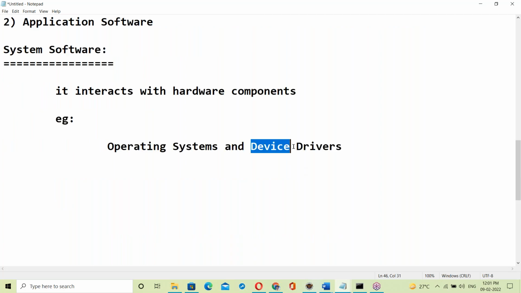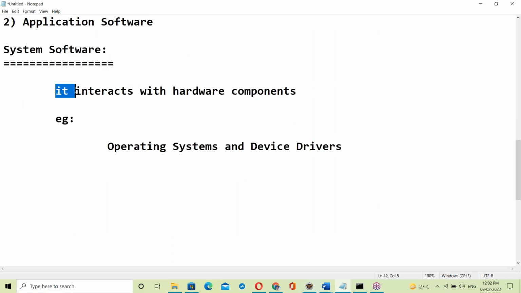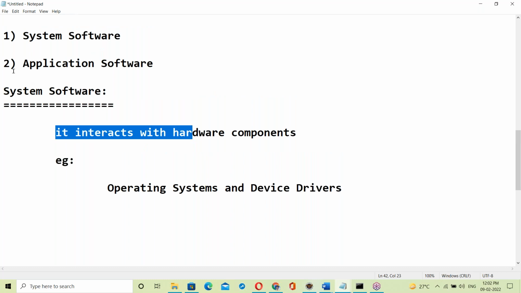Of course, the device driver is a part of the OS. So this is system software; it interacts with hardware components.